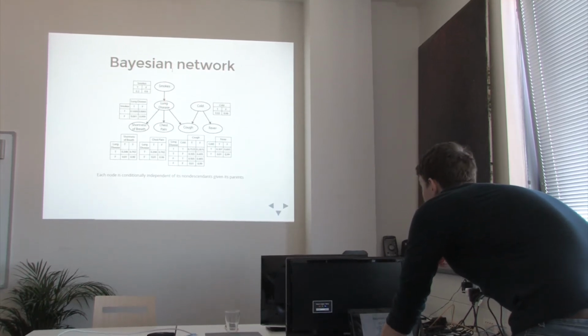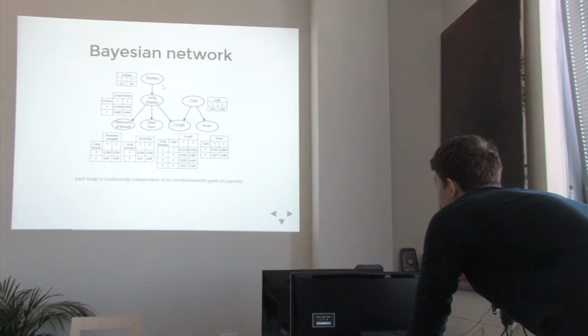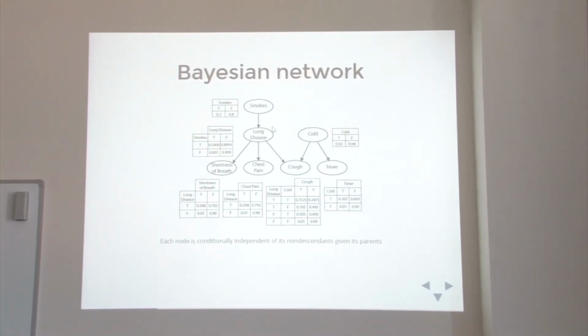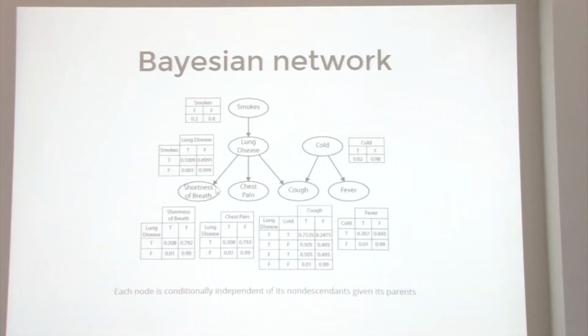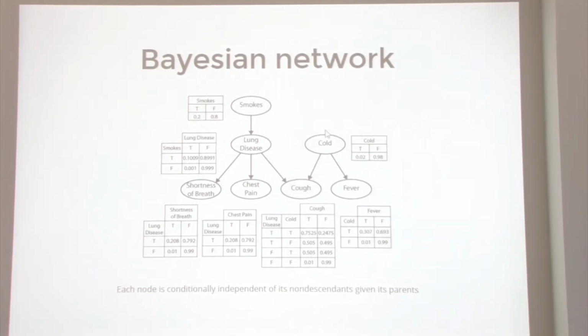In this case, the variables represent whether the patient does smoke. And as you can see, the smoking can cause the patient to have lung disease, and the lung disease may cause shortness of breath, chest pain, and cough, but the cough can also be caused by a cold.